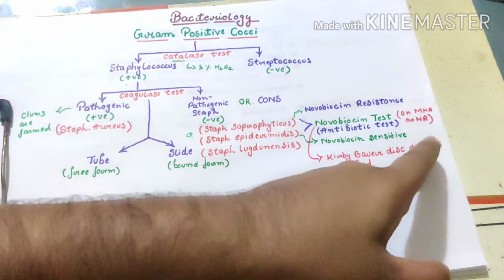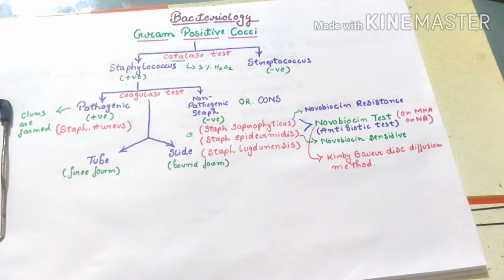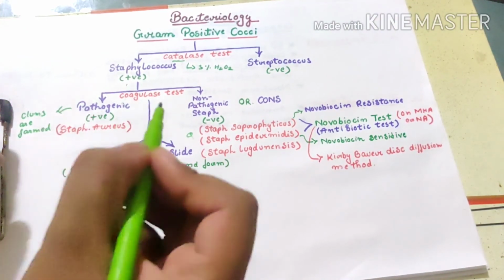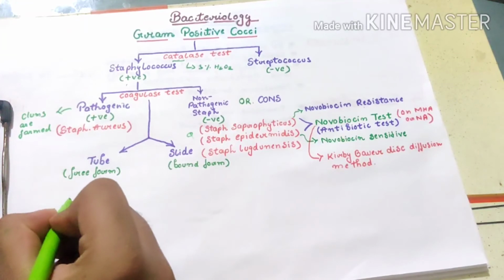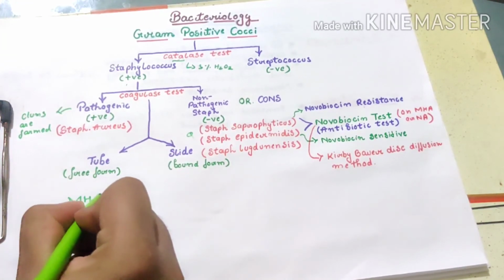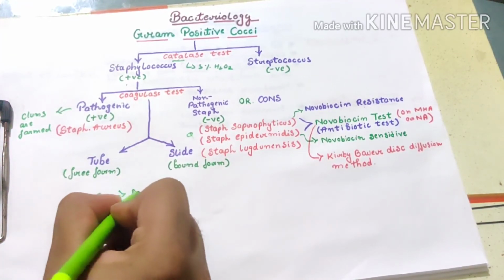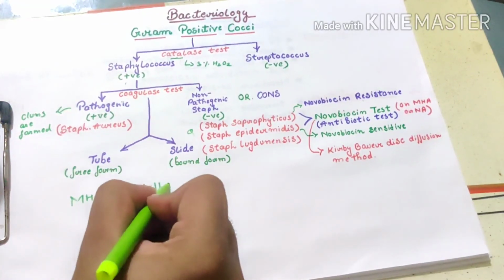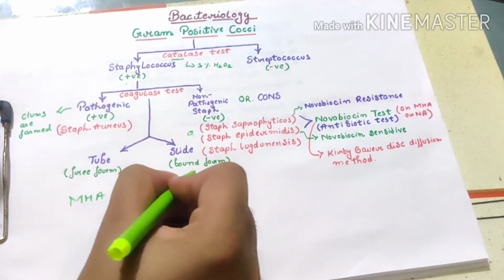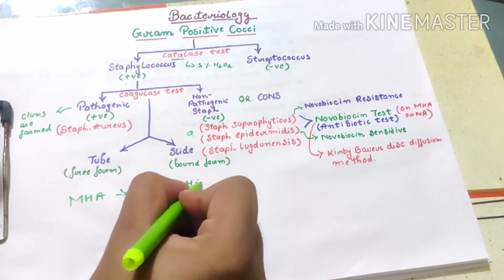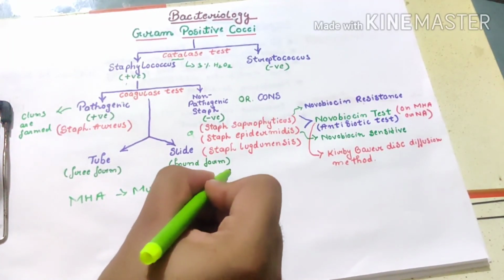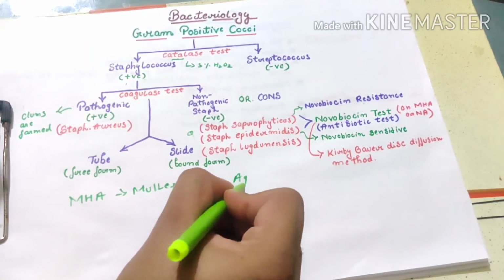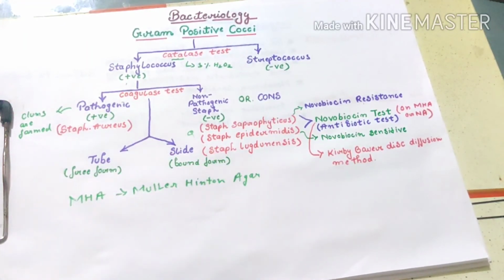This test is basically performed on MHA, meaning Mueller Hinton agar, or NA, that means nutrient agar.